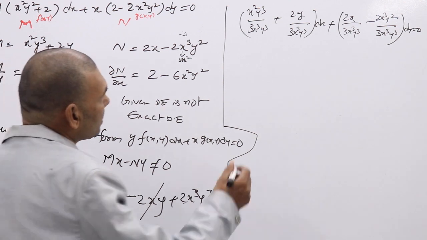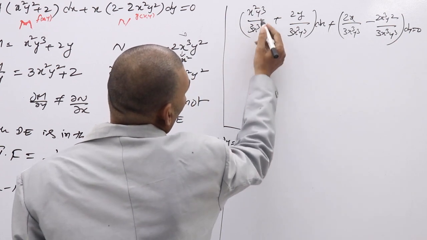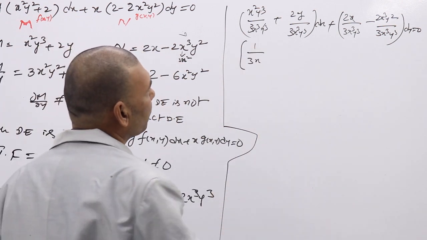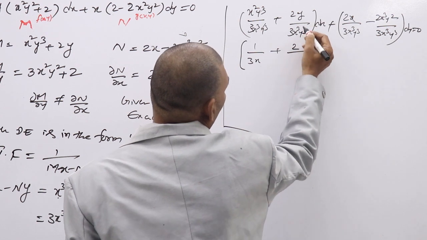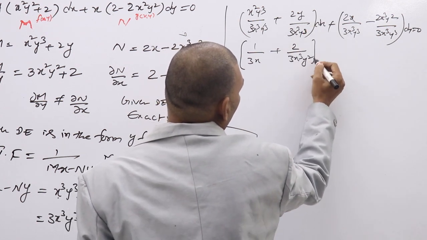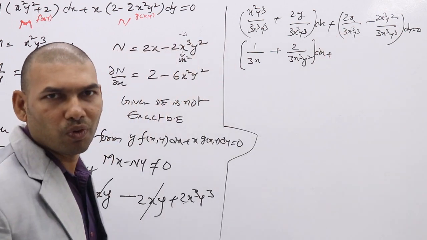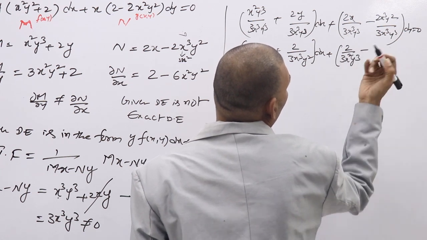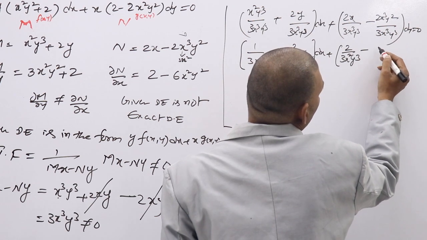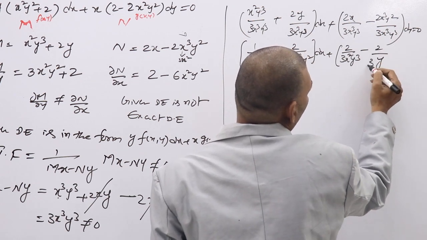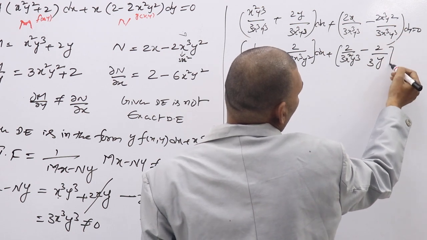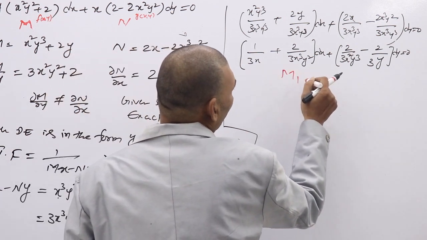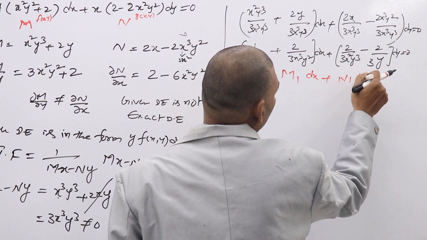If you divide, what happens? Here x square and x cube y cube get cancelled, you will have 1 by 3x. Coming to the second term, 2 by, here y cube, here y, 3x cube y square. Coming to the next term, 2 by 3x square y cube, minus x cube cancels, y only will have, 2 by 3 y square dy equal to 0, which is in the form M1 dx plus N1 dy.